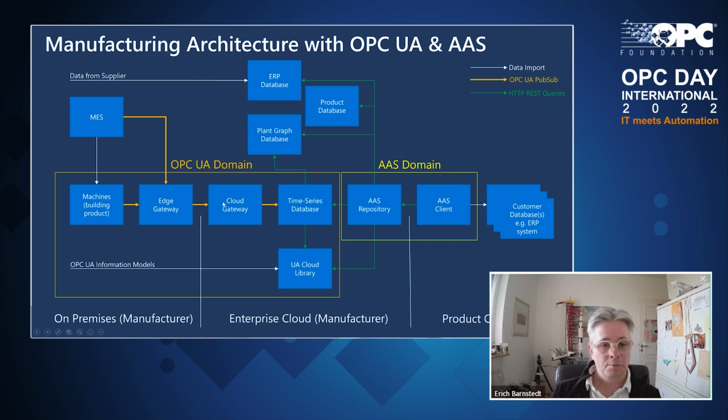You probably have some sort of graph database as well, which defines your plant. Sometimes that's an OPC UA graph. I have customers using OPC UA for that. Sometimes it's something else. If you don't know what to use, come talk to me. I have a few ideas what makes sense there.